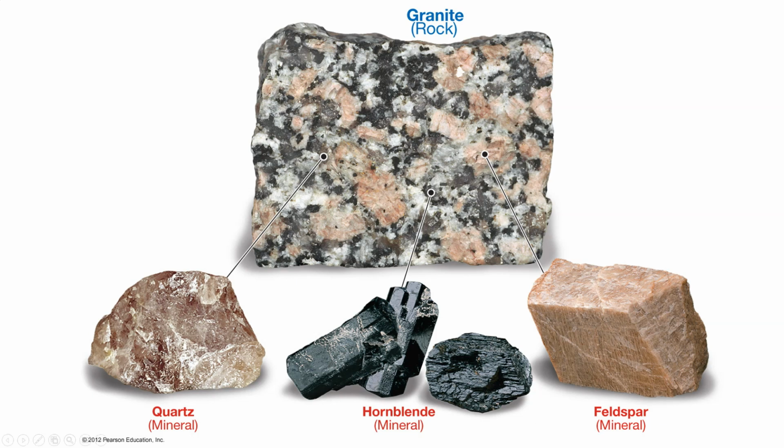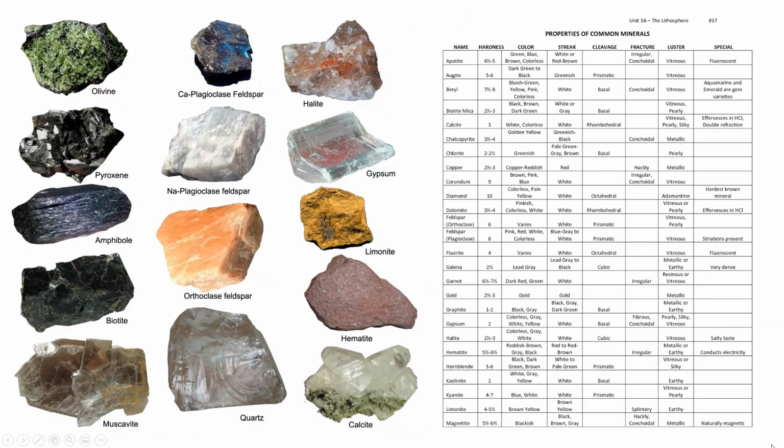Whenever we start looking at identifying minerals, one of the things you have to look at is how we go about doing this. Geologists and earth scientists use a variety of tests, as well as observations of physical and chemical properties of that specific mineral.